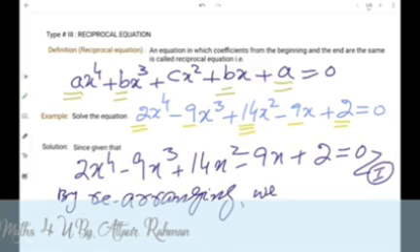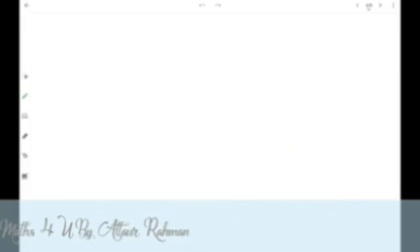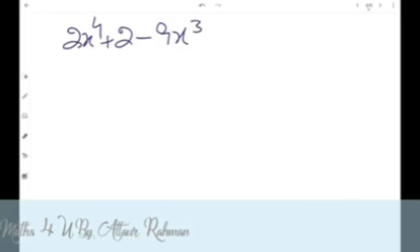First we will write 2x^4 along with 2, then minus 9x^3 minus 9x, and then 14x^2. Now we will take out the coefficient from the first two pairs, and then we will be left with an unpaired term, that is 14x^2.